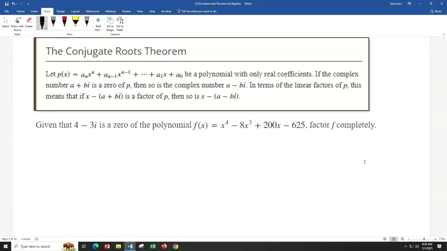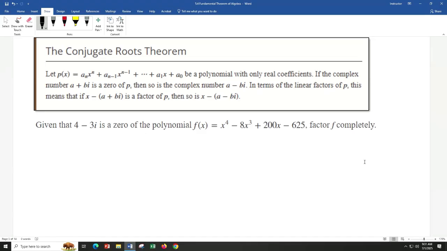Well, then notice what it says here. Then so is the number a minus bi, which is, remember to use that word, the conjugate. In terms of linear factors of P, this means that if x minus (a plus bi) is a factor of P, then so is x minus (a minus bi). Okay. Those are just 2 factors of it.